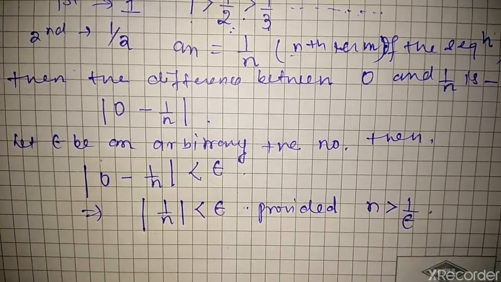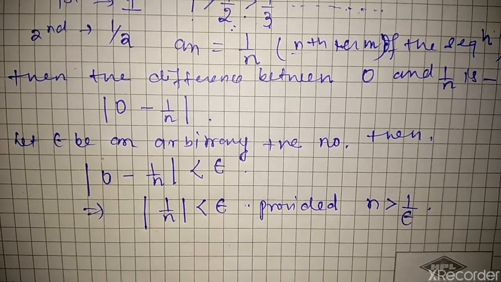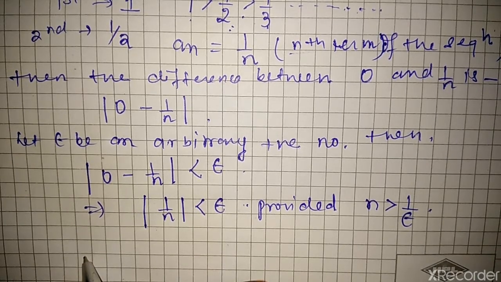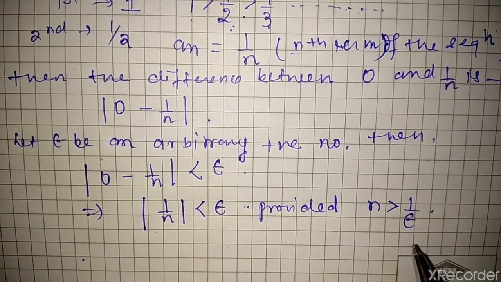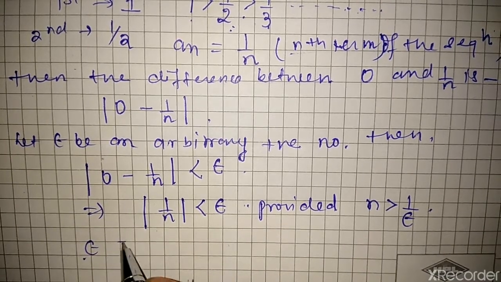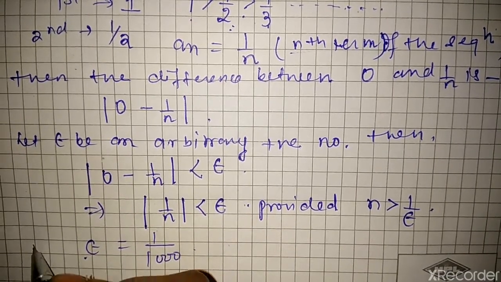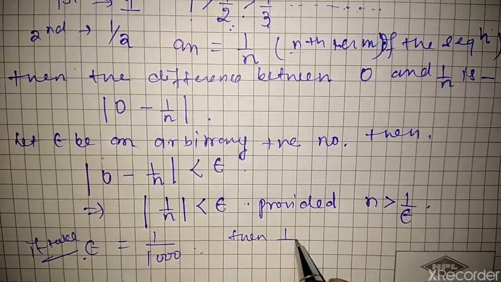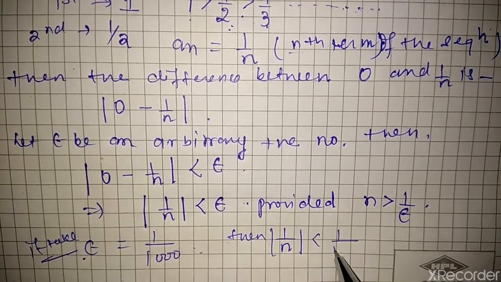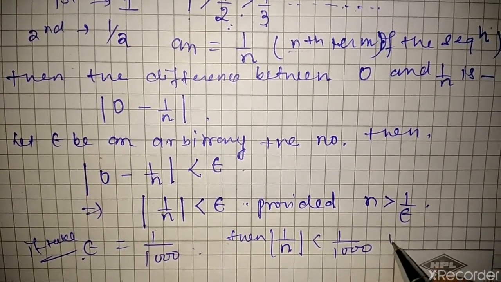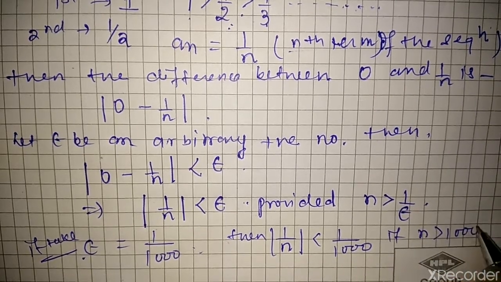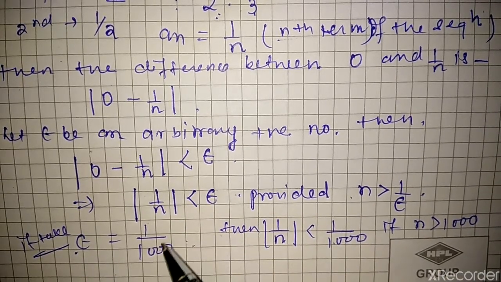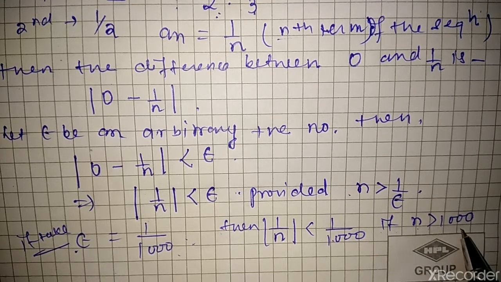Therefore, if we take the limit as n tends to infinity, and if we take epsilon equals 1 by 1000, then 1 by n is less than 1 by 1000 if n is greater than 1000.